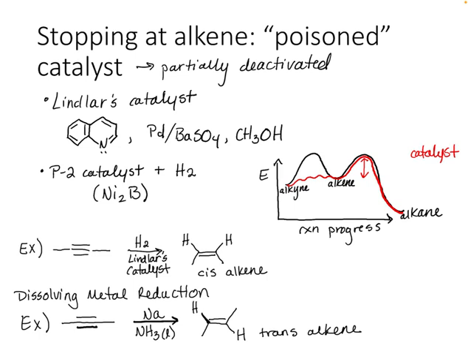And for this reaction, we need pure ammonia. So not diluted ammonia, because otherwise there'd be water, right? And the sodium would react with the water. So unfortunately, this might not be the safest way to make a trans alkene. You might want to do that some other way, but it is an option if you're trying to come up with a synthesis pathway.